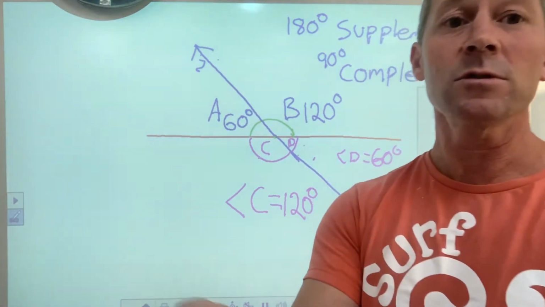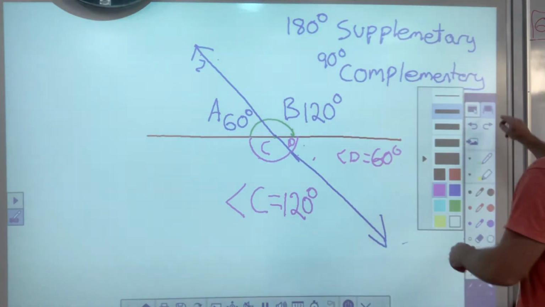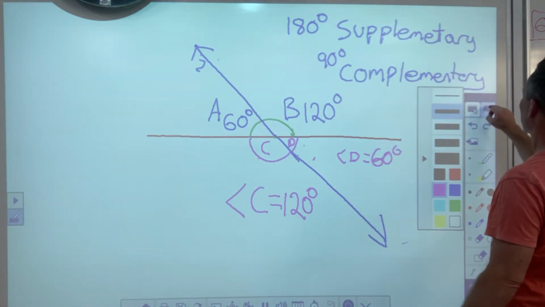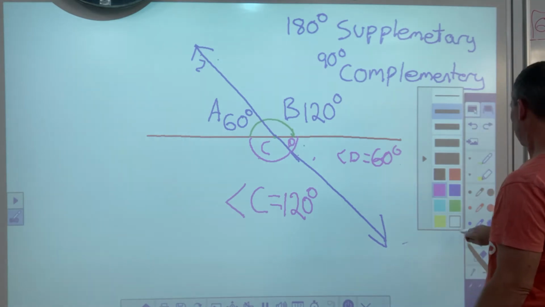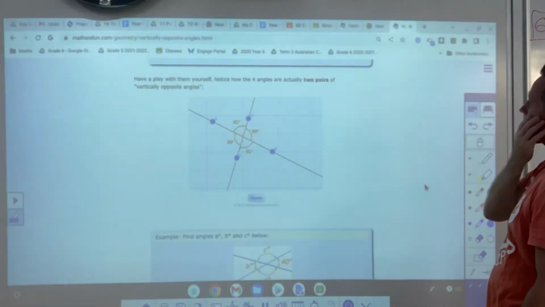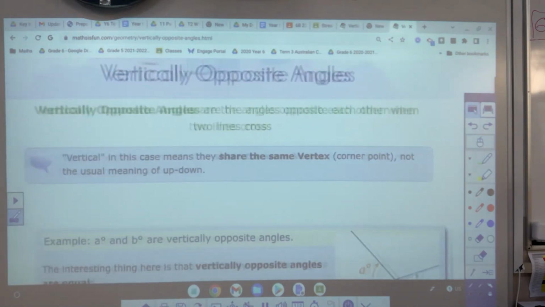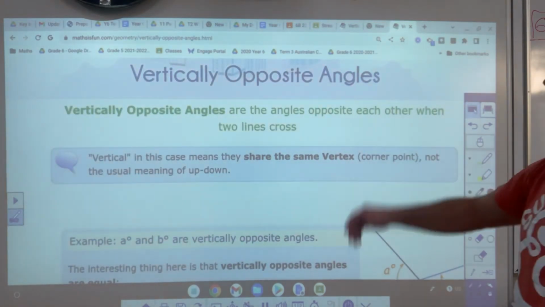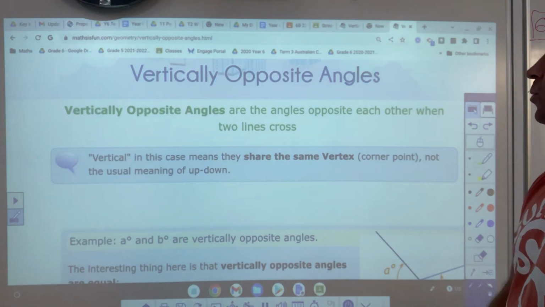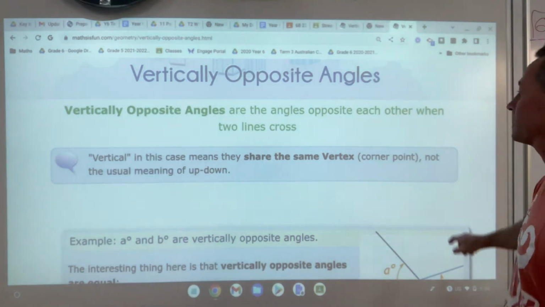Vertically opposite angles occur, I'll show you what I mean. Let's go to this. So vertically opposite angles are the angles opposite each other when two lines cross.